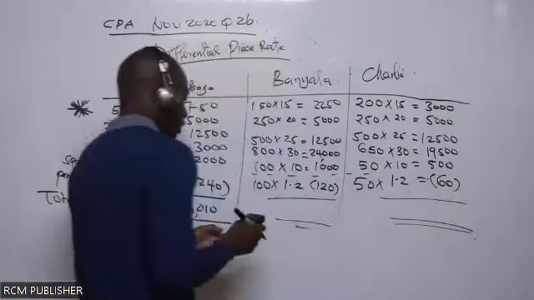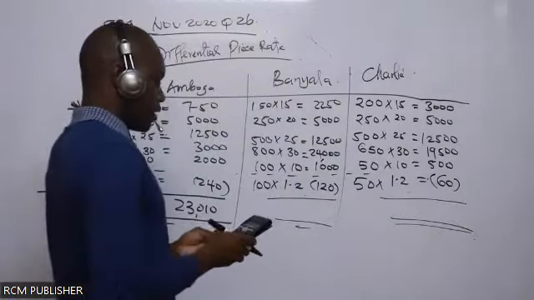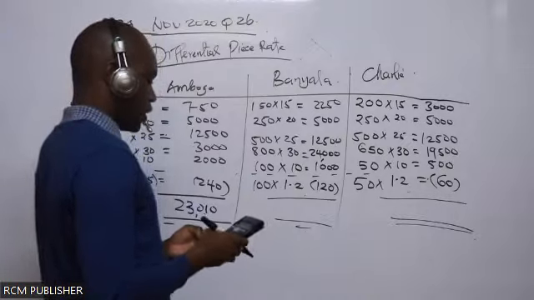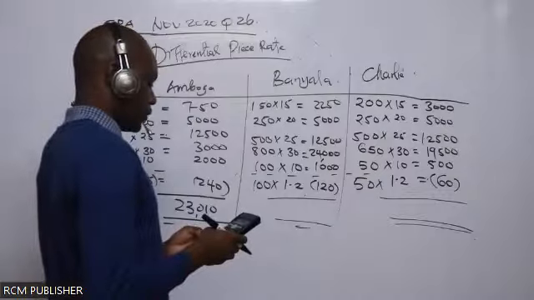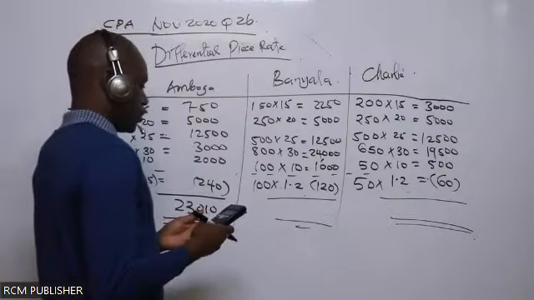So can I now get the total wage? 2250 plus 5,000 plus 12,500 plus 24,000 plus 1,000 minus 120.